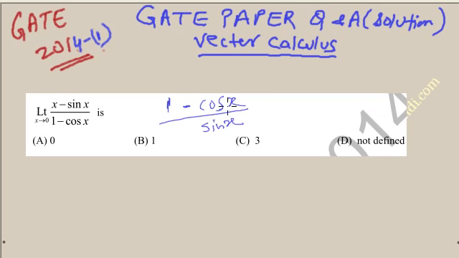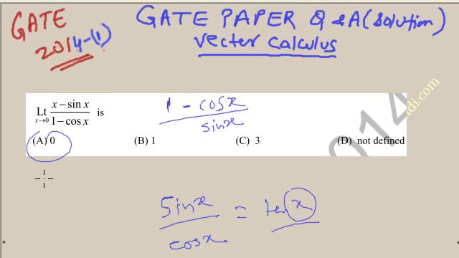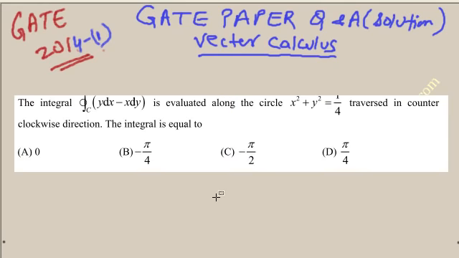So again 0 by 0, so again differentiate it, you will get sin x divided by cos x. So this is tan x. If you put 0 here, it will be 0. So this is 0.